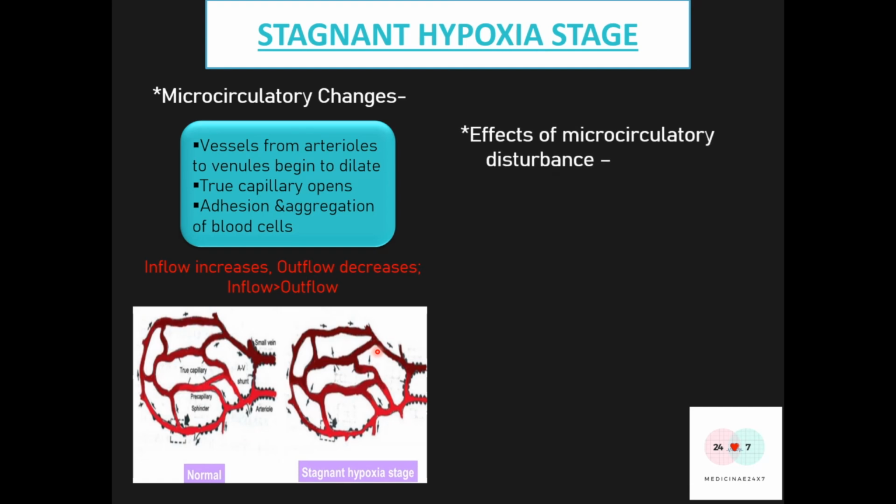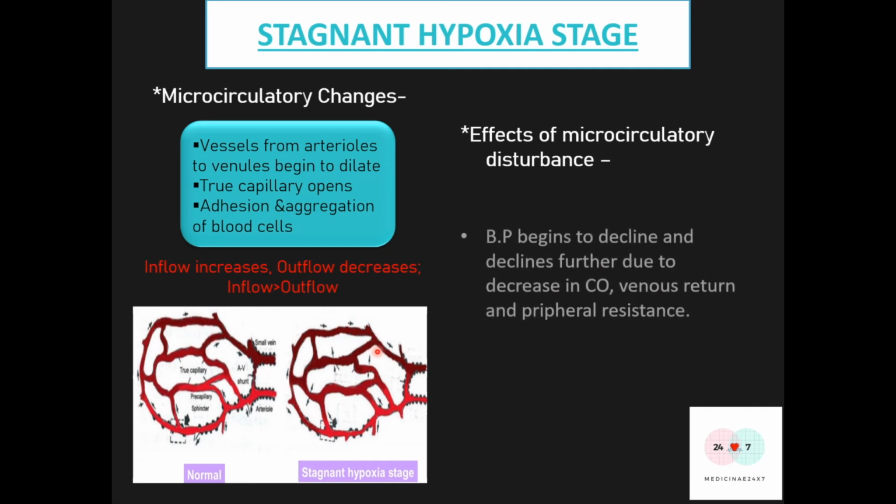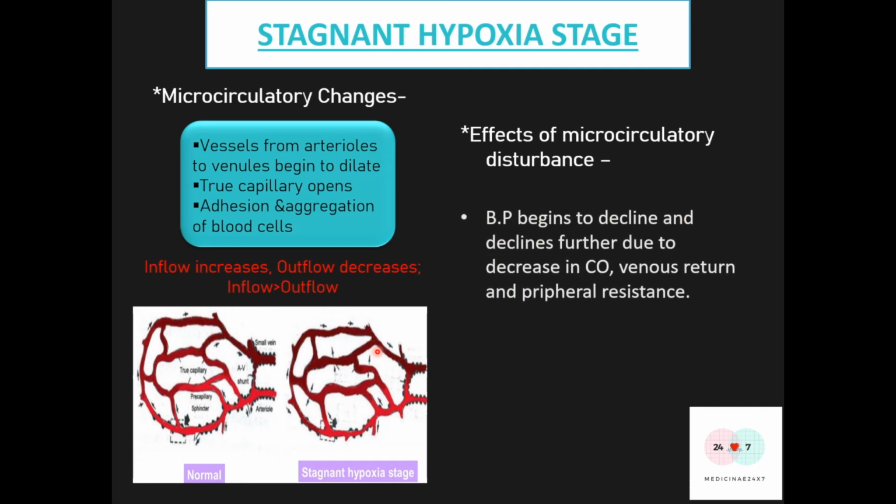The primary effects of the microcirculatory disturbances are that the blood pressure begins to decline, and declines further due to a decrease in cardiac output, venous return, and peripheral resistance.